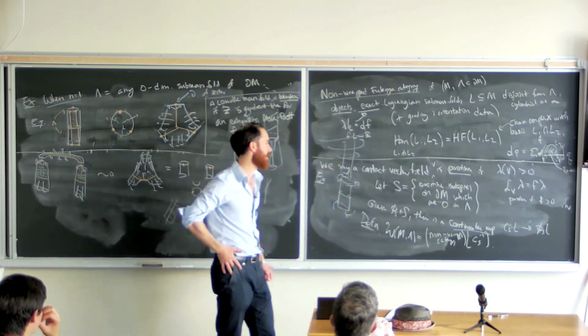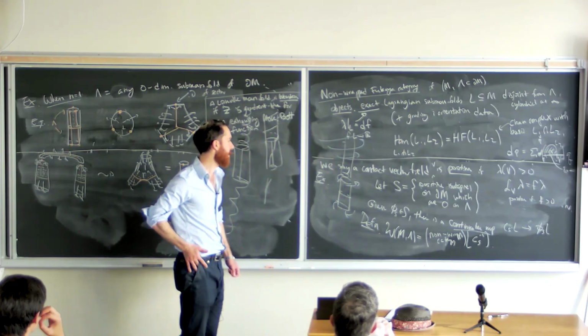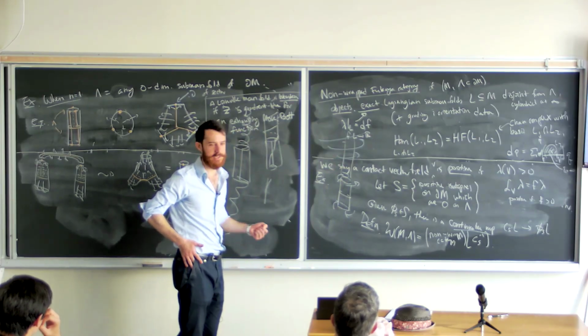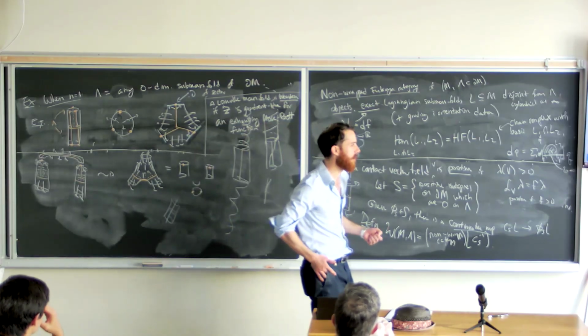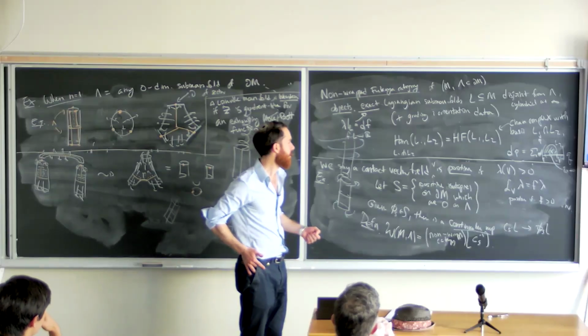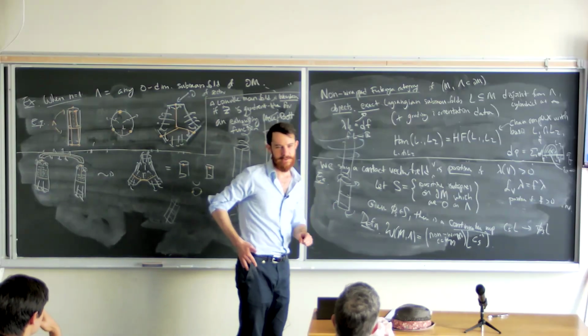Units in the Fukaya category are always a bit technical. There's this PSS map, Piunikhin-Salamon-Schwarz. The point is that the Floer cohomology of a Lagrangian with itself is isomorphic to its cohomology, so there's a unit in there.